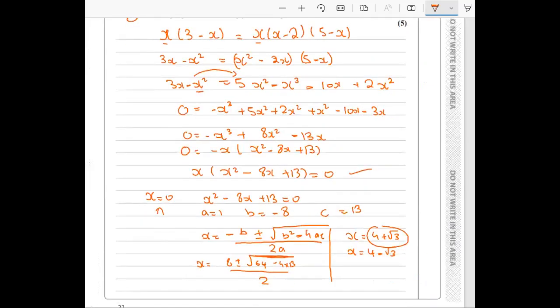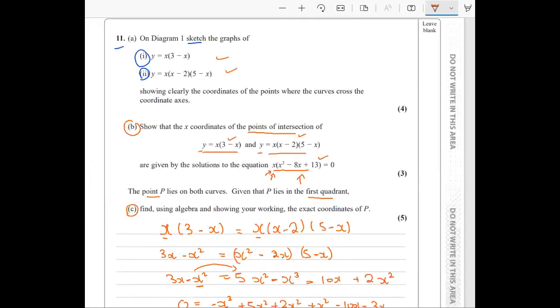So it is x equals 4 minus under root 3. And what was the question? The question was to find the exact coordinates of P, so we need the y value as well.